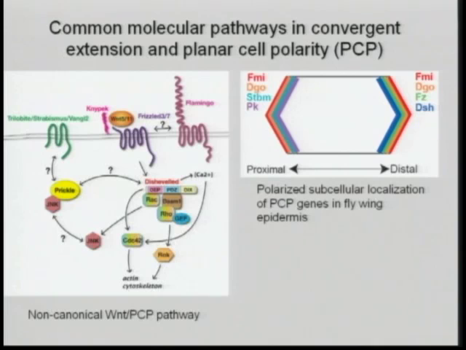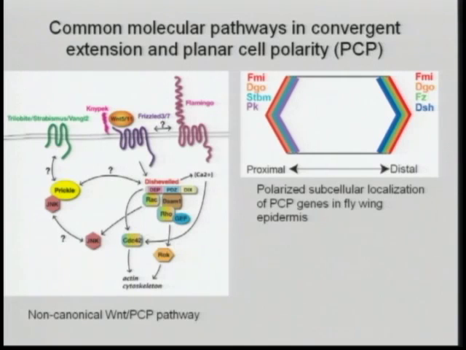So how do these proteins actually produce a polarity? In the fly wing epithelia, people know that these proteins are asymmetrically localized. Some proteins like Flamingo and Strabismus are at the proximal end, while other proteins are at the distal end, and they are mutually exclusive. This molecular asymmetry corresponds to the cell asymmetry, basically the direction of the bristles.